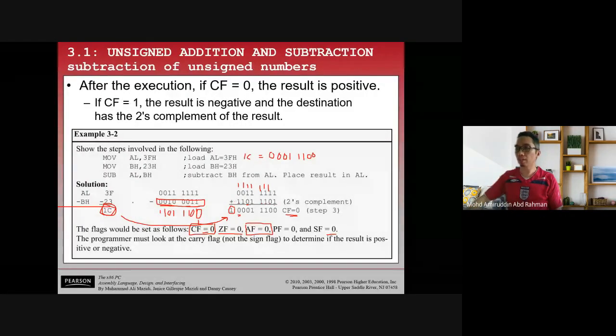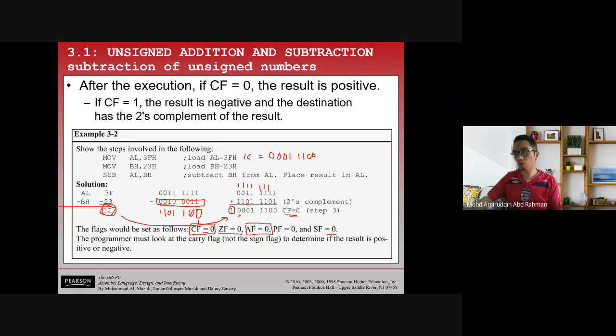So we look over here. If we perform the subtraction directly, it is actually 1, 1, 0, 1, 0. Sorry, 1 and 1 will be 0, 1 and 0 will be 1, 1 and 0 will be 1.